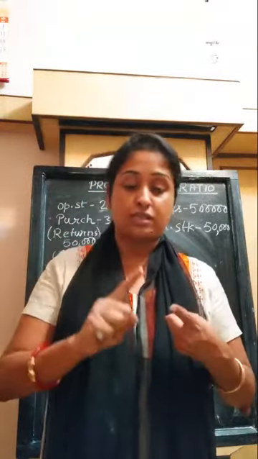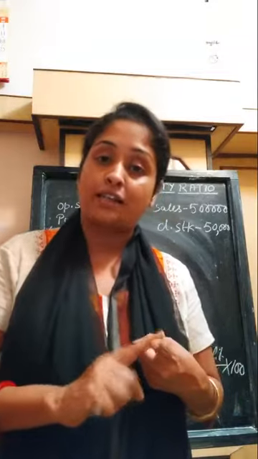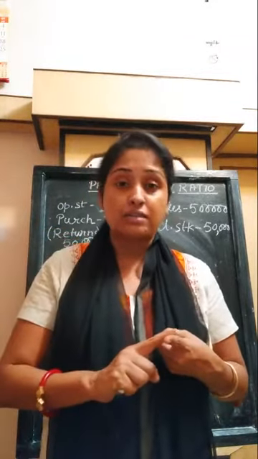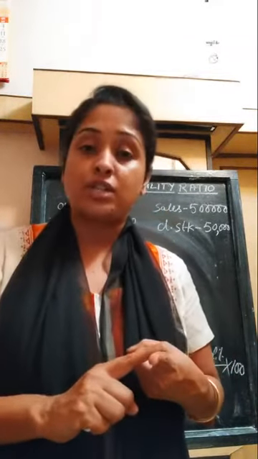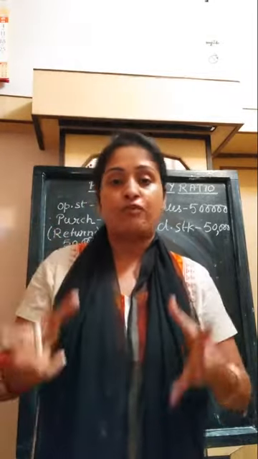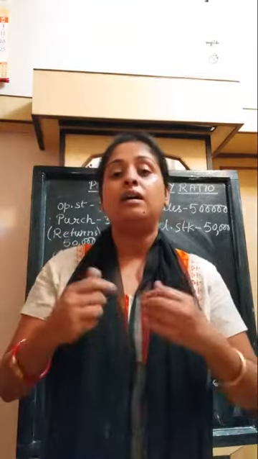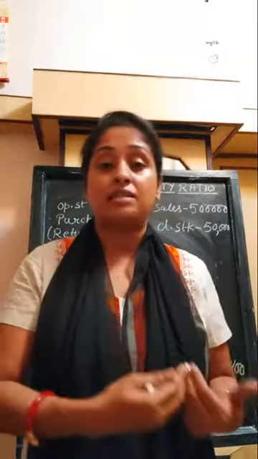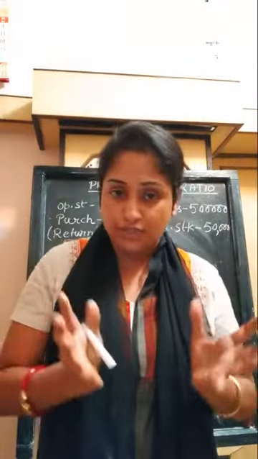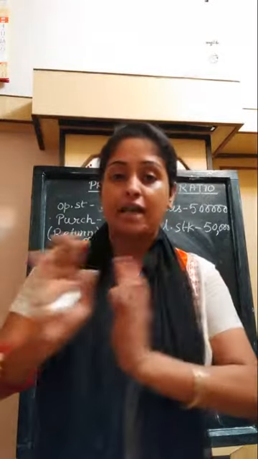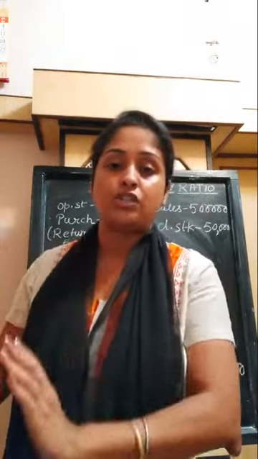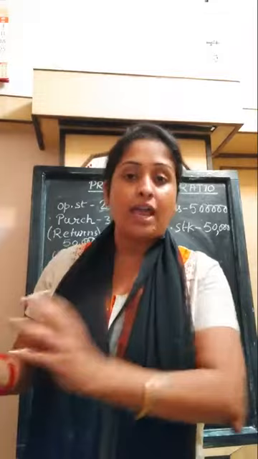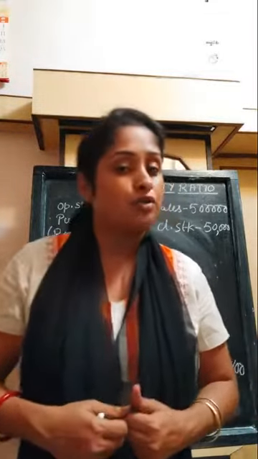You used to consider opening stock, purchase, carriage inward and any returns or wages, freight, octroi. These type of items you used to take in the debit side, whereas in the credit side we used to consider sales and closing stock. From the amount of sales and closing stock we will deduct opening stock, purchase, carriage inward, wages and so on and find out the final amount of gross profit.